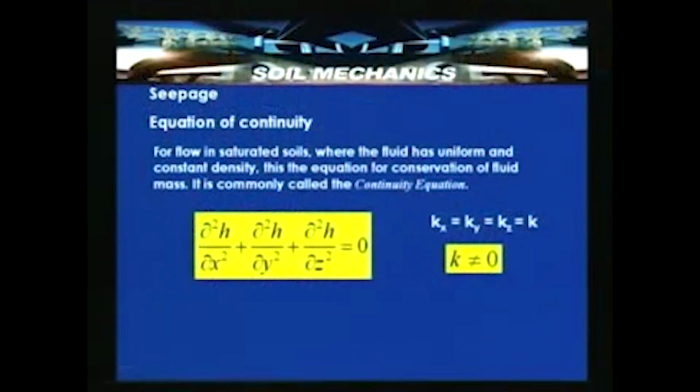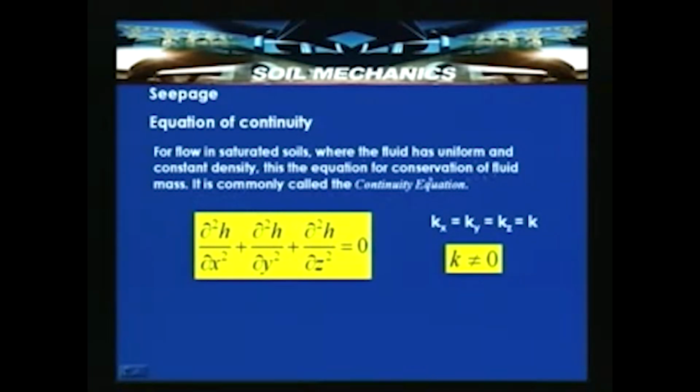In the equation of continuity, which we defined in the previous lecture, for flow in saturated soils where the fluid has uniform and constant density, the equation of conservation of fluid mass is given here.